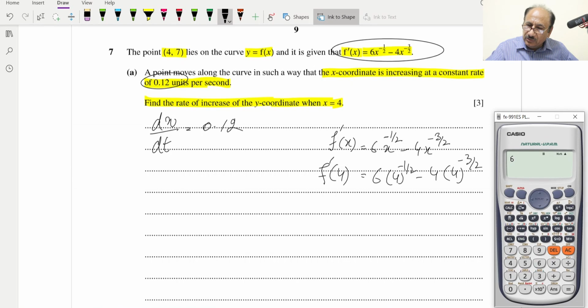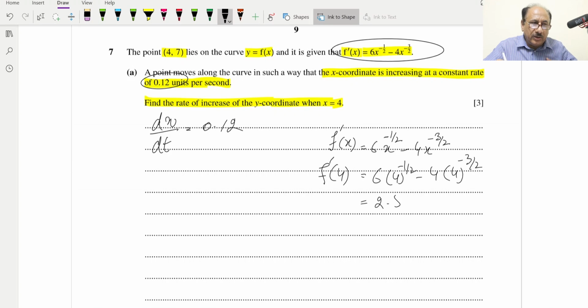This is equal to 2.5. So this value is 2.5.